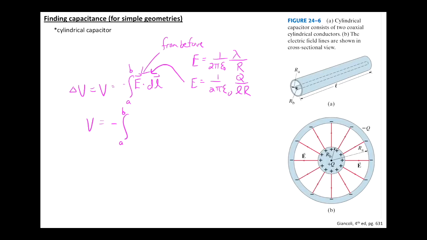Okay? So let's plug that in and see where it gets us. 1 over 2 pi epsilon naught q over LR dl. What is the L direction in this particular case? Zooming in. Where is dl if I'm going from A to B?